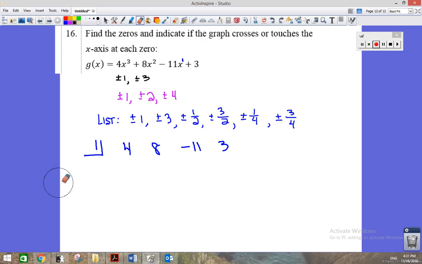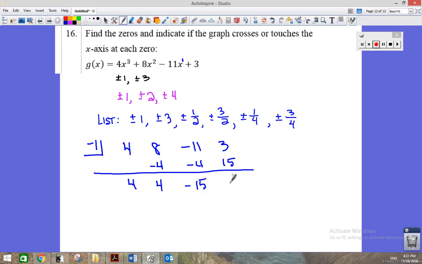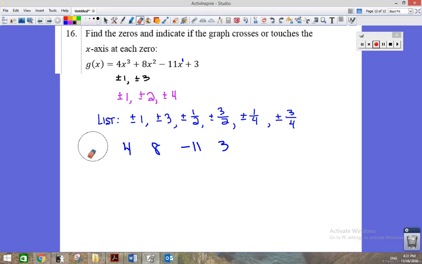So let's try negative 1. 4, negative 4, 4, negative 4. No, that's not going to do it either. I don't get a 0 there. Alright, so let's try 3.